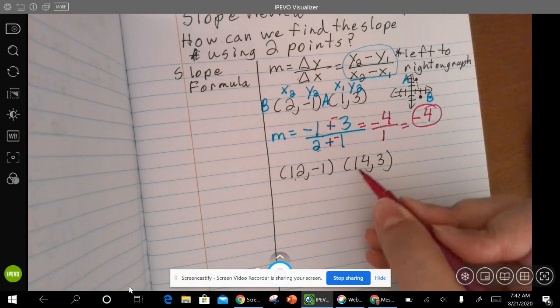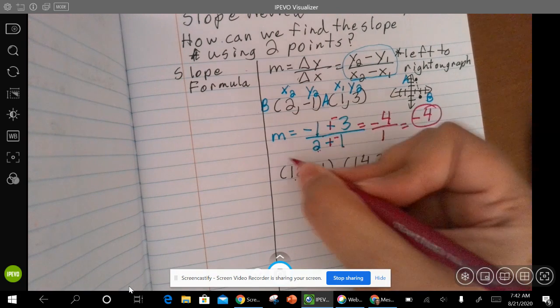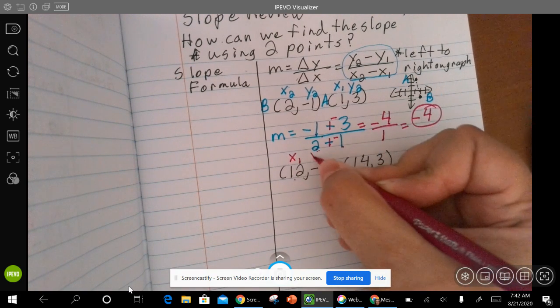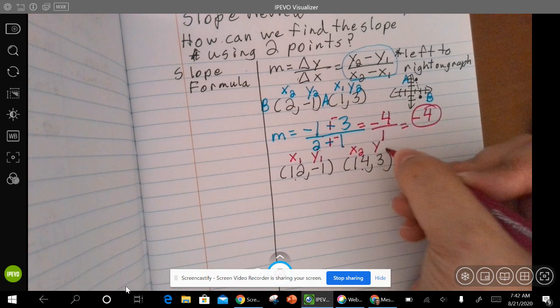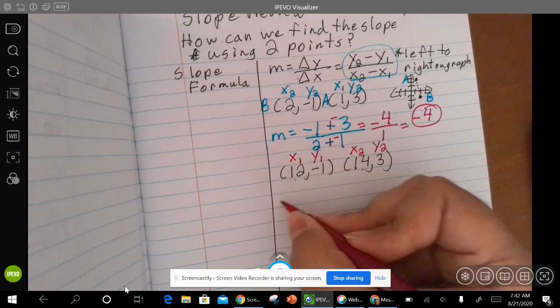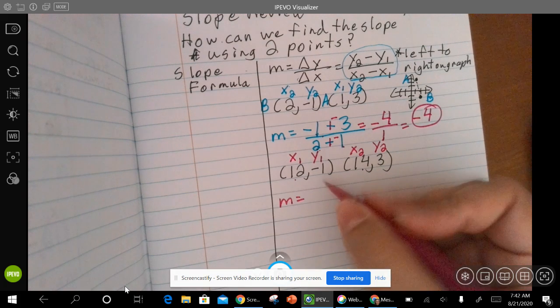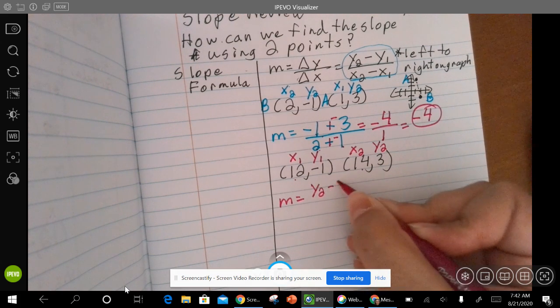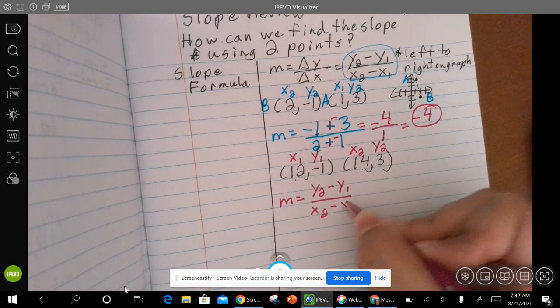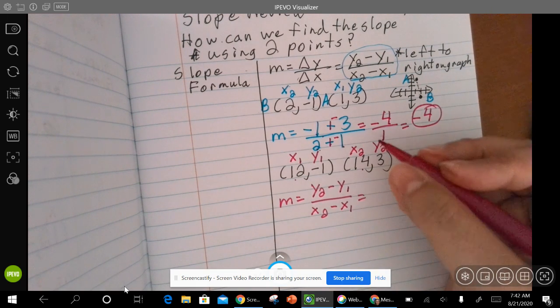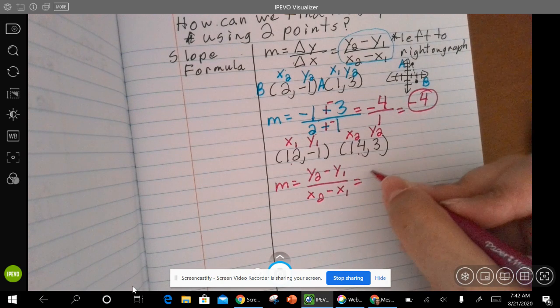So 12 is less than 14, so that's going to be the first one. 14 is going to be our second point. So just looking at our x values. So write it out again. So slope, everybody remember, is the rate of change.